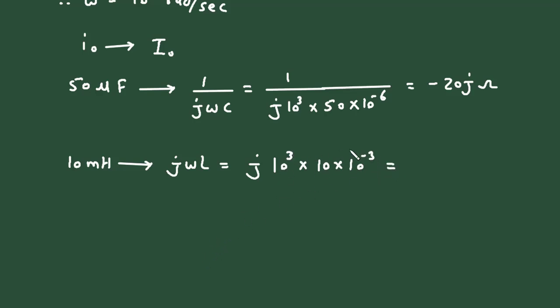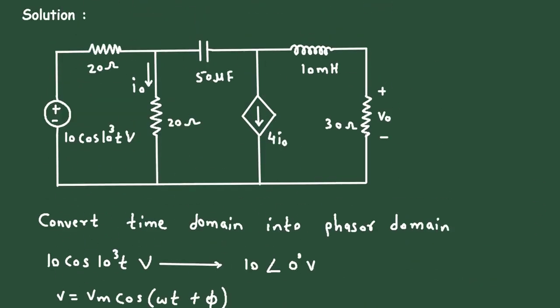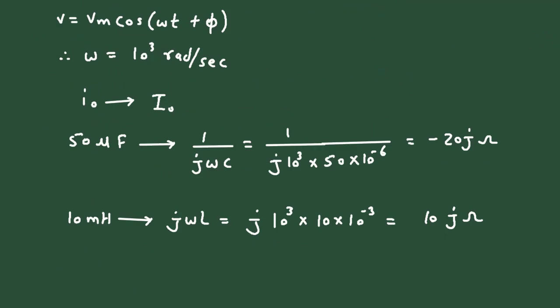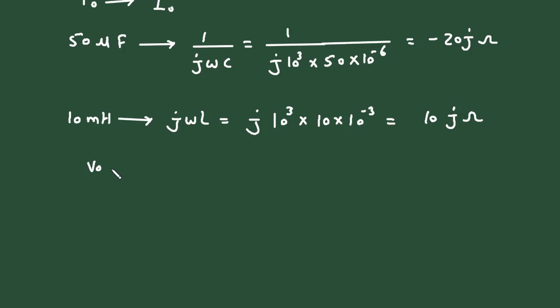So this 10 to the power 3 and 10 to the power minus 3 will be cancelled. So only 10j ohm. Again, we can read also this Vo. So only this Vo is remain. So small vo will change to capital Vo.